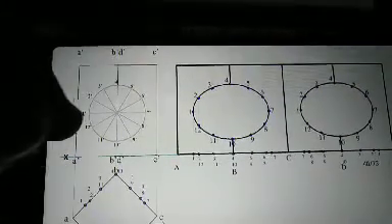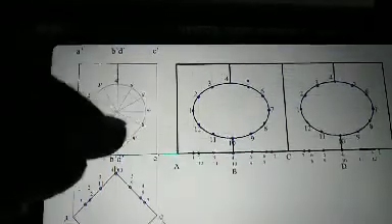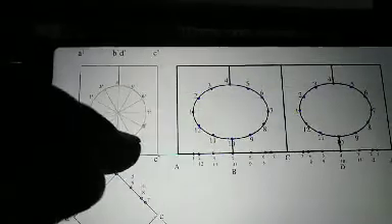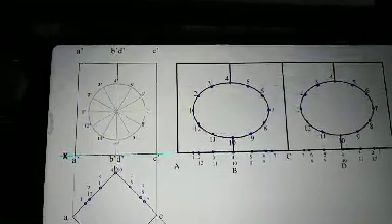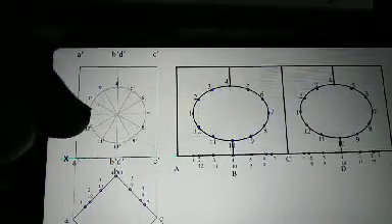After drawing that circle, divide that circle into 12 equal parts: 1 2 3 4 5 6 7 8 9 10 11 12. These are the 12 equal parts of that whole.